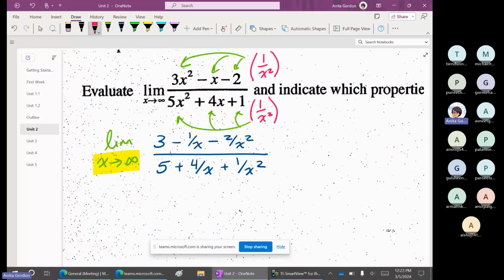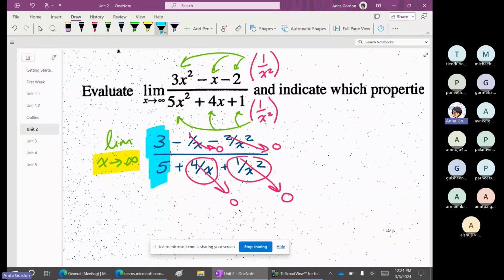It goes to 0. So these terms that have an x in the denominator, x is going to get so big that these numbers are going to get so small, they are basically irrelevant because they approach 0 so fast. The only things that don't change are the values that do not have an x next to them. And so we can say this limit approaches 3 over 5. So this is our horizontal asymptote.